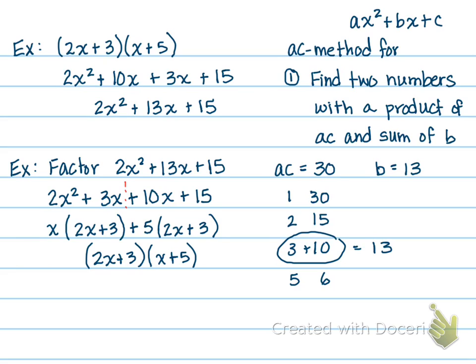And the order that you put the 3x and the 10x in doesn't matter. If I'd written 10x plus 3x, we would get exactly the same answer in the end. So the order of those two numbers is totally up to you.